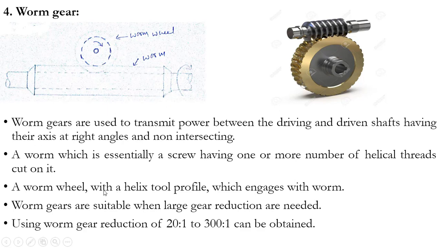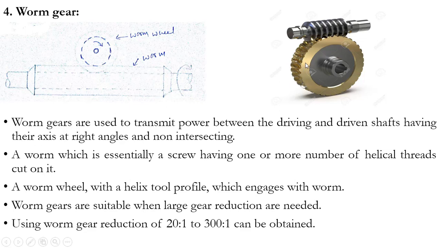It's a worm wheel with a helix tooth profile which engages with a worm. This is the worm wheel in this diagram, with a helix tooth profile. This is helical tooth, similar to that of a helical gear.